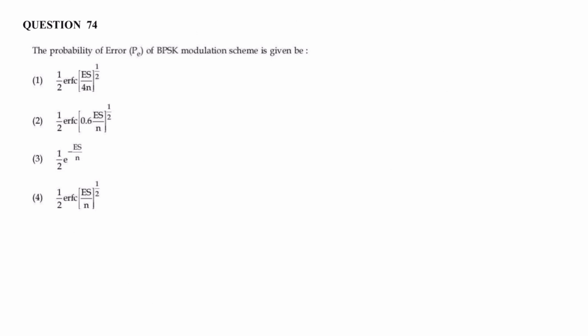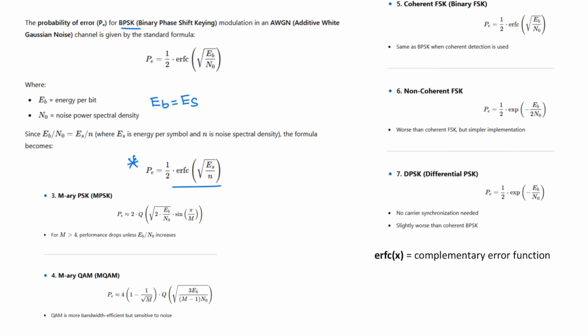Similarly, for coherent binary FSK, probability of error is 1/2 erfc of square root of Eb/N0. For non-coherent FSK, probability of error is 1/2 exponential of minus Eb/2N0.